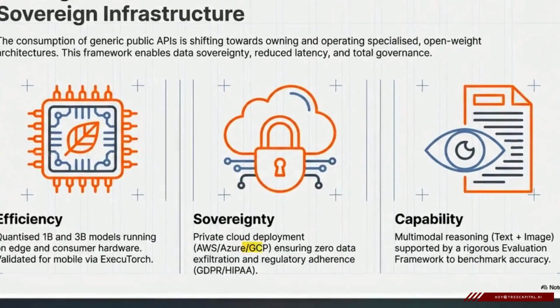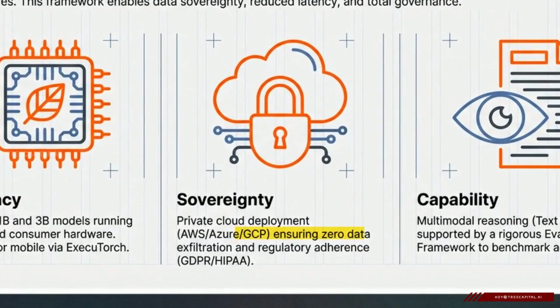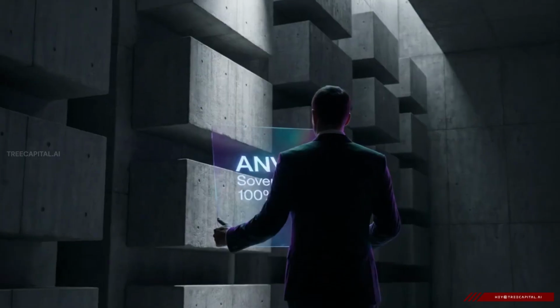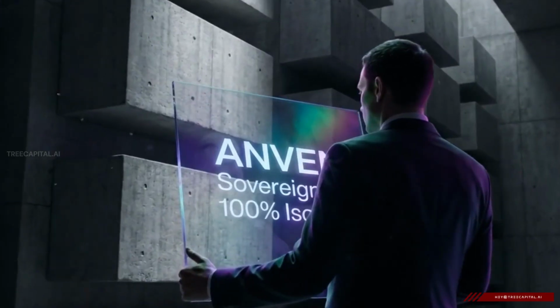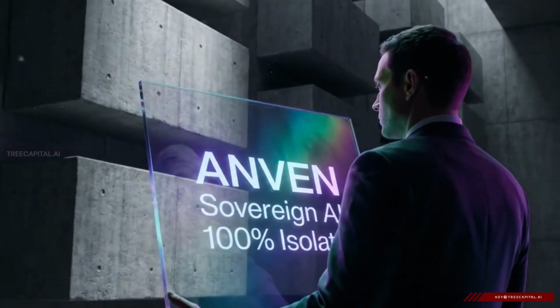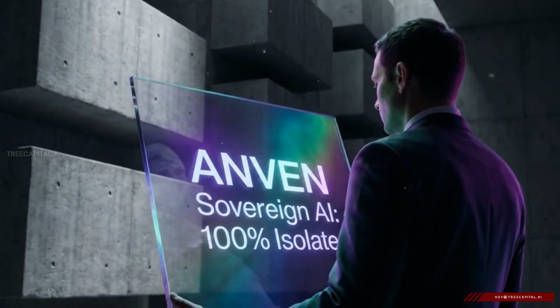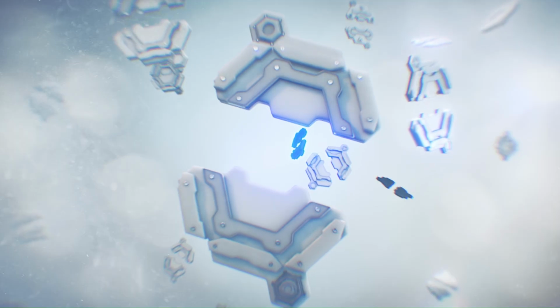This architecture ensures zero data exfiltration while meeting strict mandates of HIPAA and GDPR, as processing happens inside the firewall. Deploying a privately governed intelligence engine allows an enterprise to operate at full capability without losing ownership of its proprietary data.